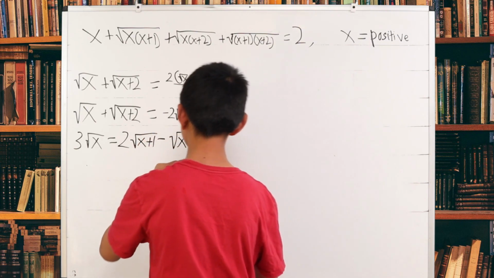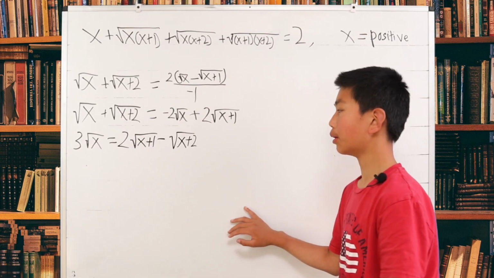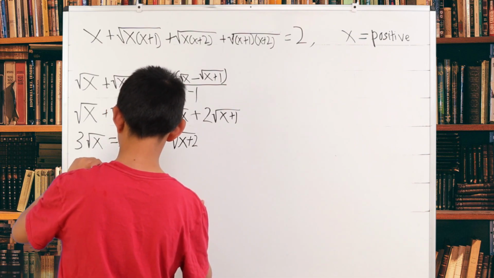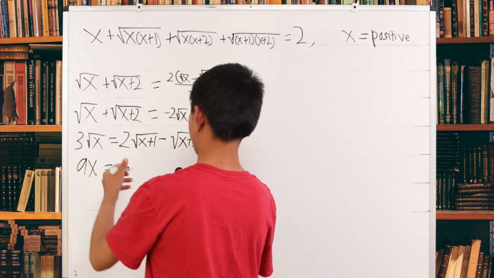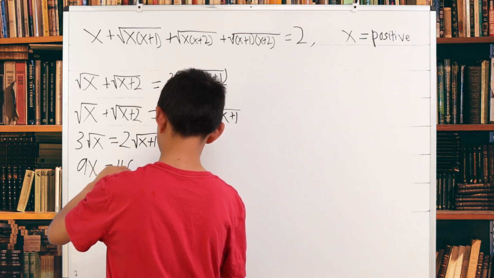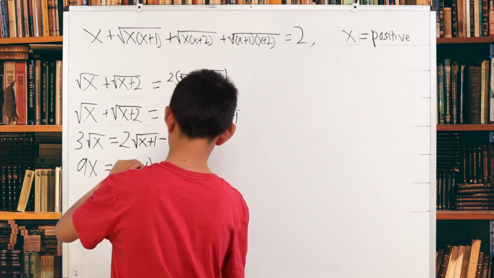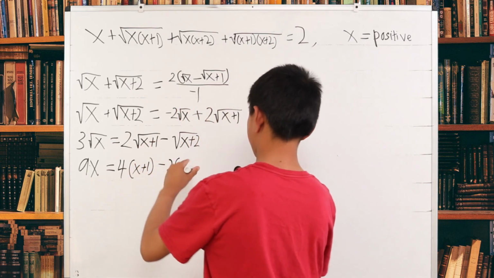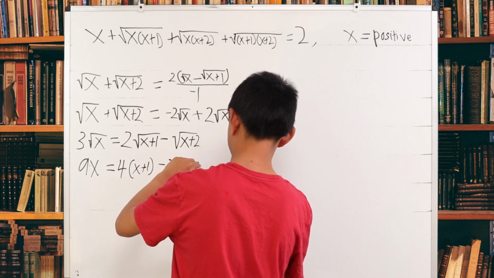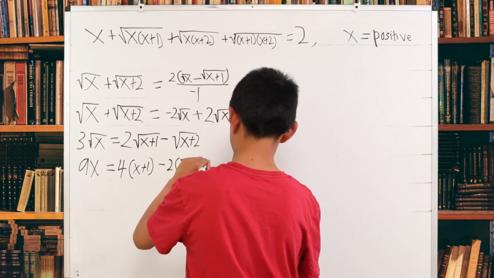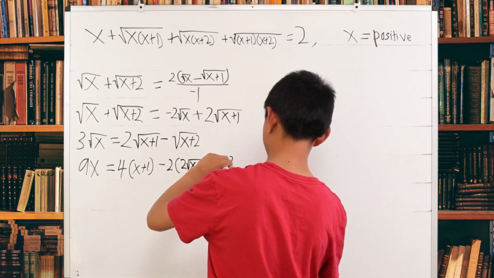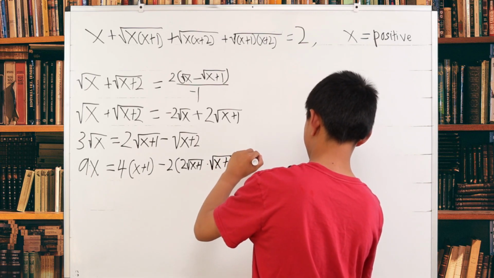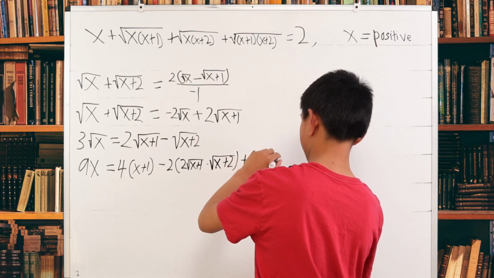Now we can just square both sides. So on this side, this is just 9x, and this is equal to 4 times x plus 1 minus 2 times the square root of x plus 1 times the square root of x plus 2 plus x plus 2, right?